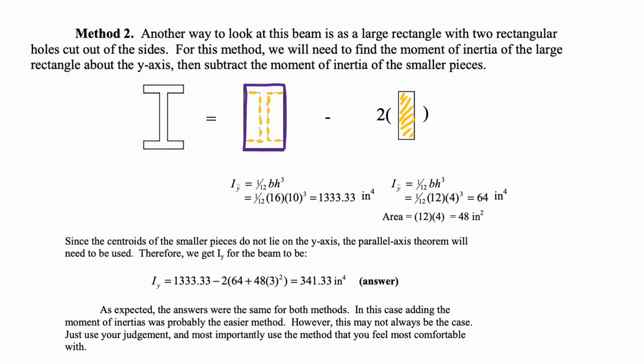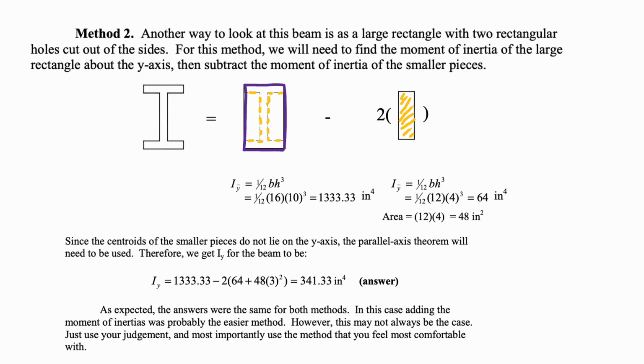Method 2. Another way to look at this beam is a large rectangle with two rectangular holes cut out of the sides. For this method, we will need to find the moment of inertia of the large rectangle about the y-axis, then subtract the moment of inertia of the smaller pieces.